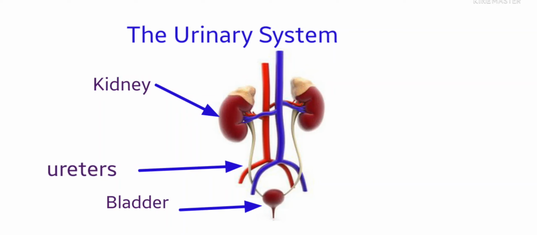The bladder leads to the body surface via a tube called urethra. The bladder end of urethra is held closed by means of a ring of muscle called sphincter, which controls the release of urine from the bladder.